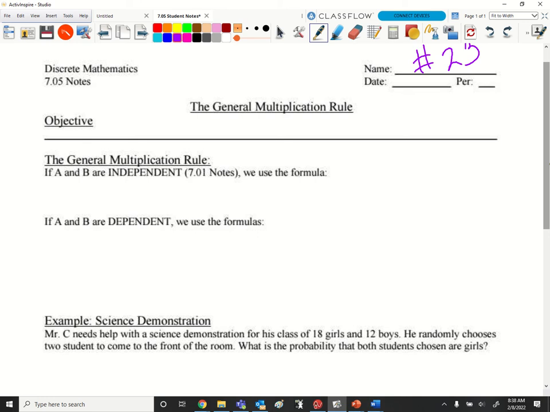Come on up, Carlos. Now, what was the probability of picking him? 1 out of 19. Why is it 19 now? Because there's less to choose from, because I already have one sitting up here, right?